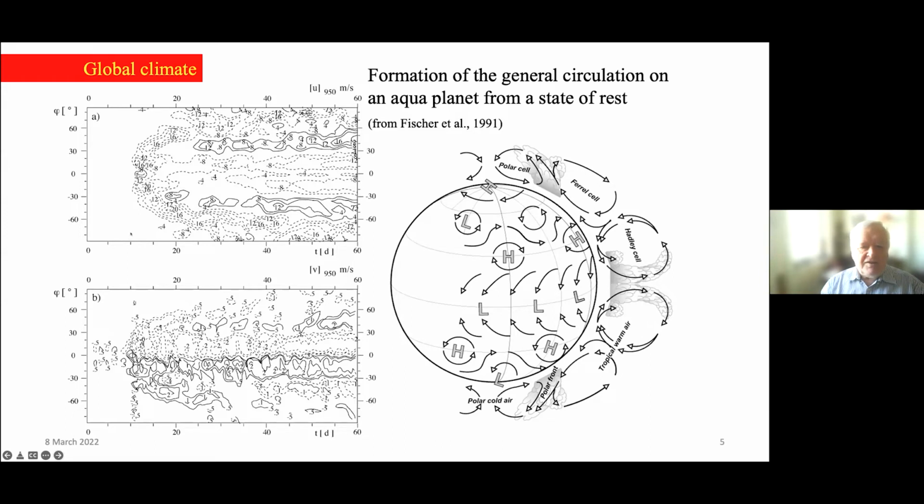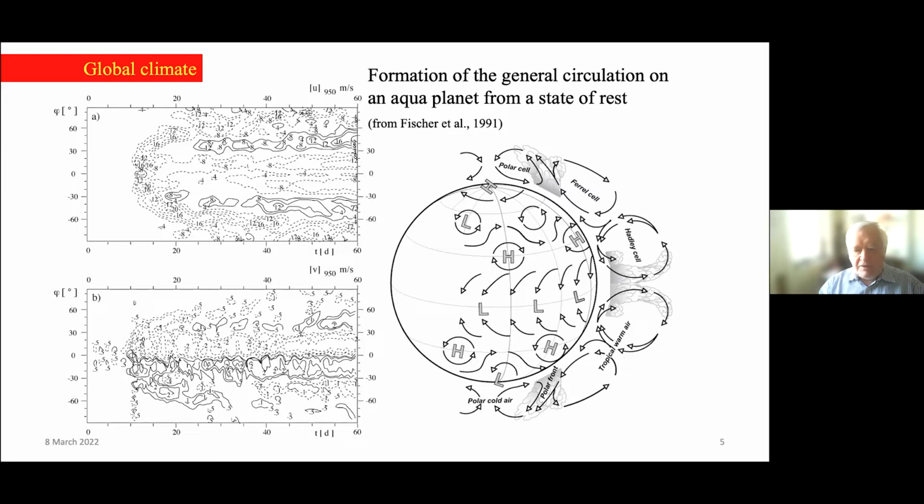And then suddenly something happens, small things. So it takes a while, and then it fully develops what we want to see with the cells, and the general circulation is sketched in this diagram here. So it takes something like 30 or so days that from nothing you get this circulation.